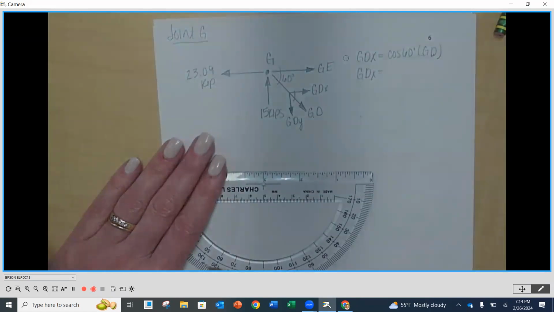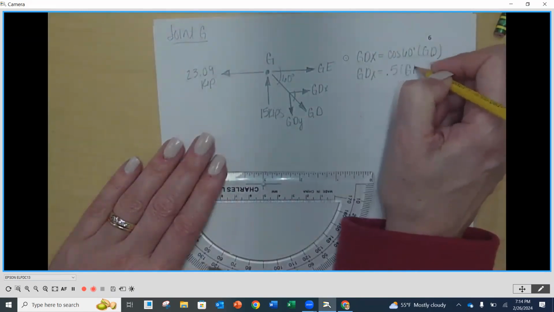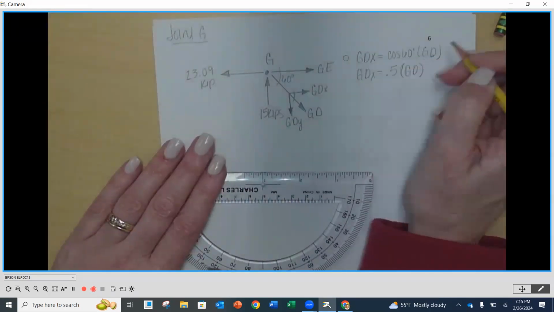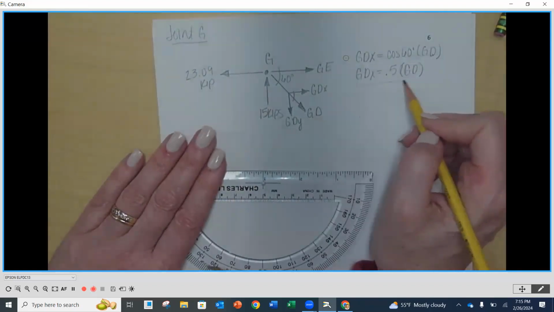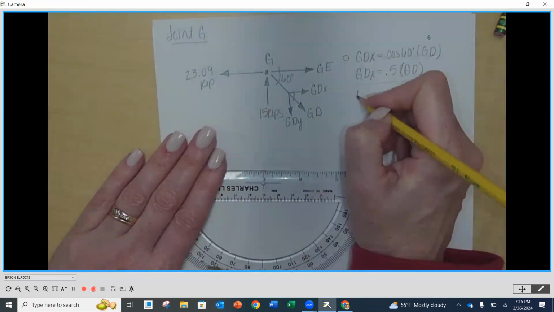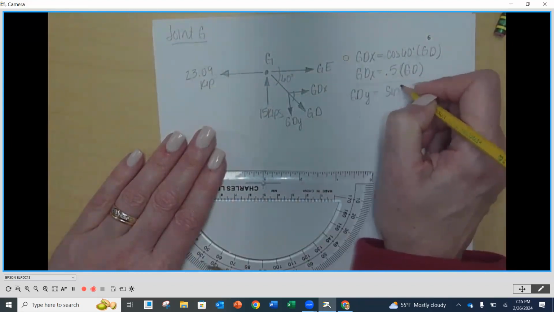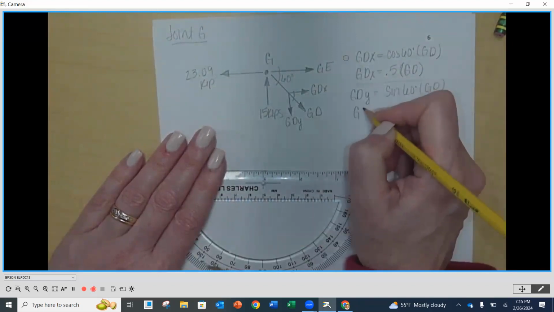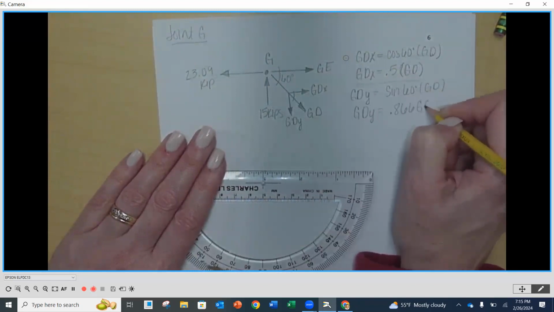I do 60 cosine, that's going to be 0.5 times GD. So whenever I have a cosine now, it's going to be 0.5 because the 60-degree angle comes up on all of the triangles throughout. And then my GDY is going to be the sine of 60 degrees times GD. And if I take the sine of 60, I'm going to get 0.866 times GD.